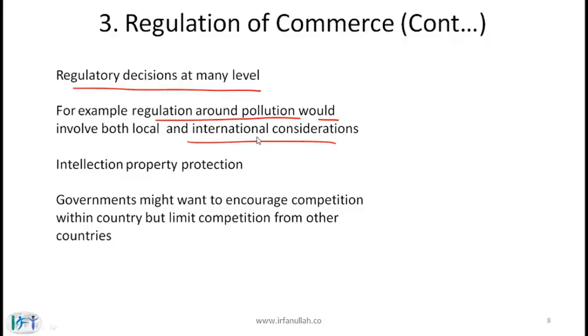Now, interestingly, we might have situations where governments want to encourage competition within their countries, but they want to limit competition from other countries. So again, this raises questions about what are the suitable regulations that need to be enacted.